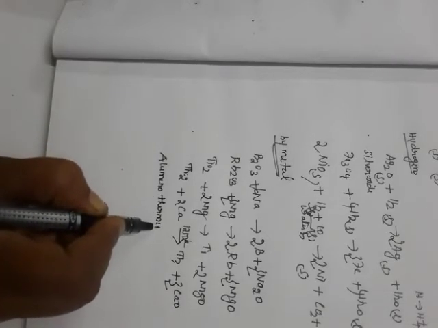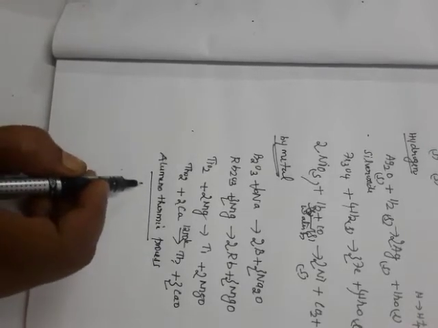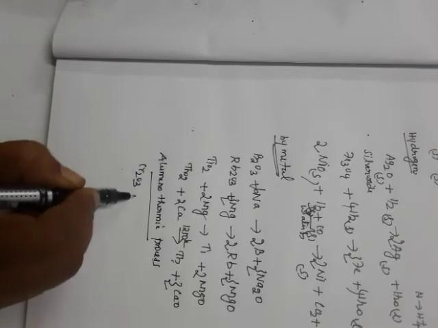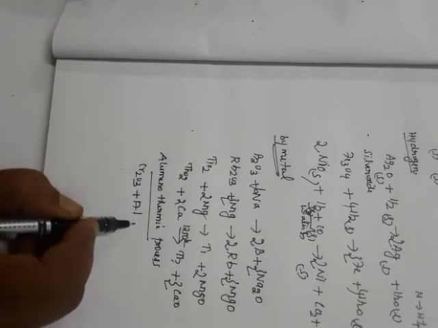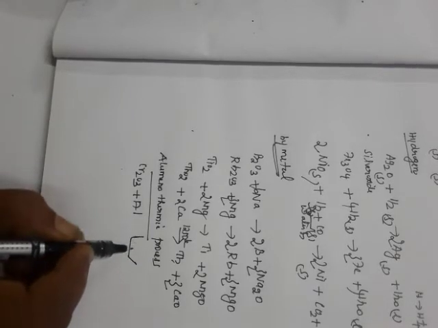For 2 marks, maybe it is asked, what is the aluminothermic process? Chromic oxide, Cr2O3, is mixed with aluminium powder and kept in a fire clay crucible.